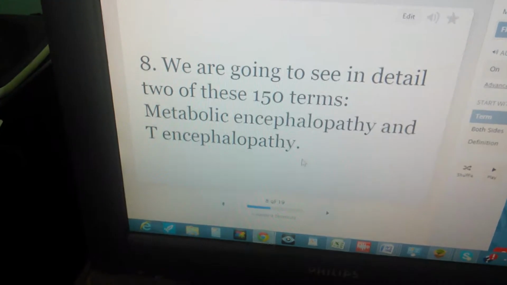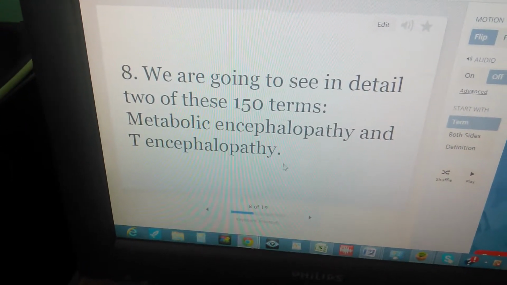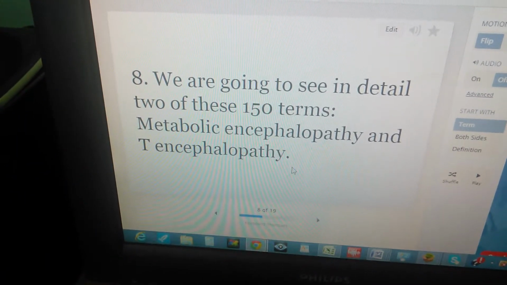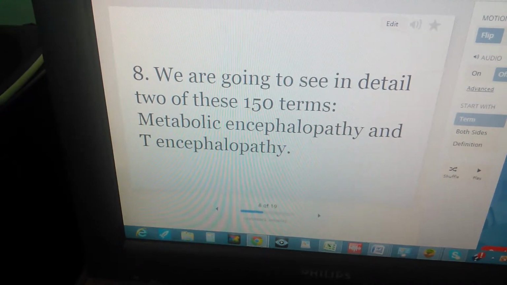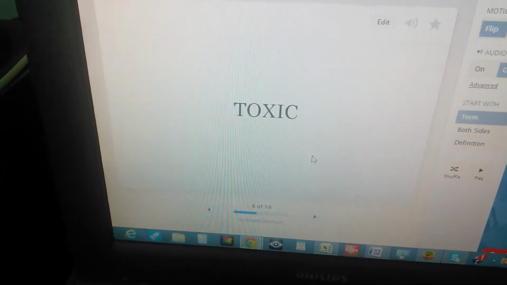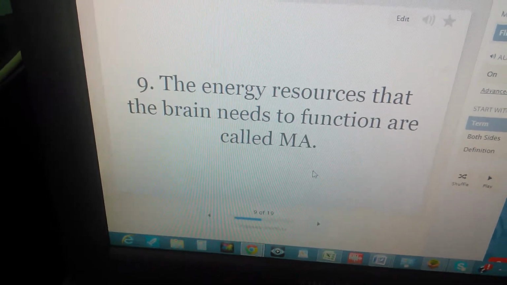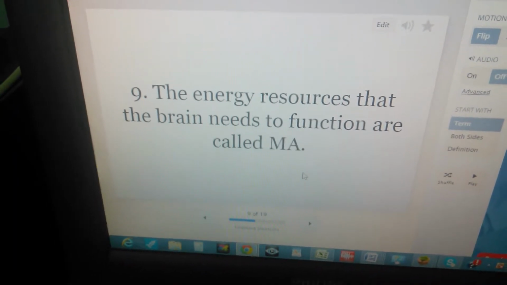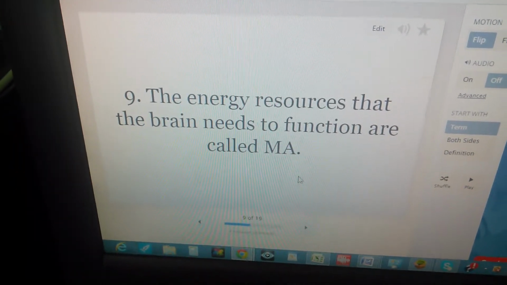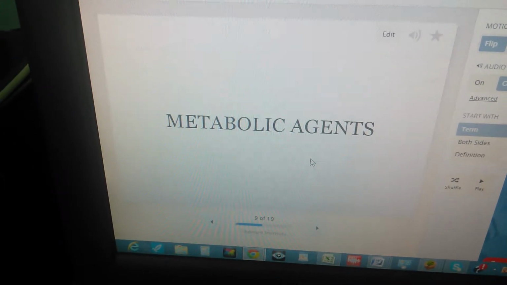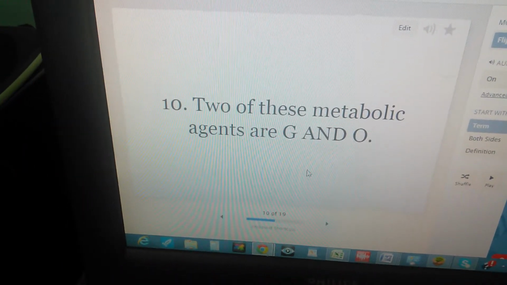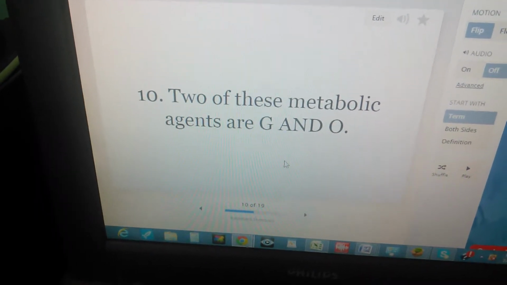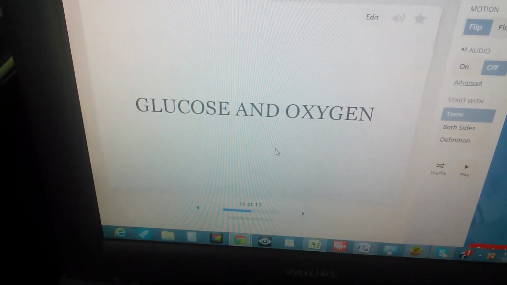We are going to see in detail 2 of these 150 terms: metabolic encephalopathy and T... encephalopathy. Toxic. The energy resources that the brain needs to function are called MA... Metabolic agents. 2 of these metabolic agents are G and O... Glucose and oxygen.